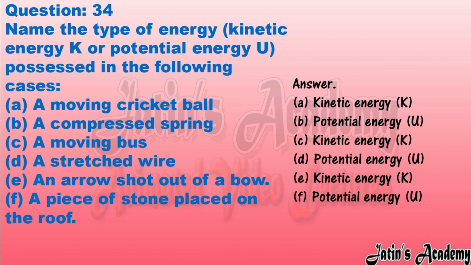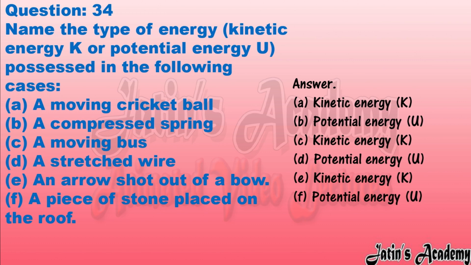Question 34. Name the type of energy, kinetic energy or potential energy, possessed in the following cases. First, a moving cricket ball. Answer. Kinetic energy. Second, a compressed spring. Answer. Potential energy. Third, a moving bus.